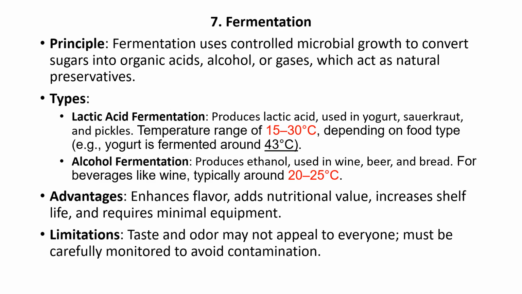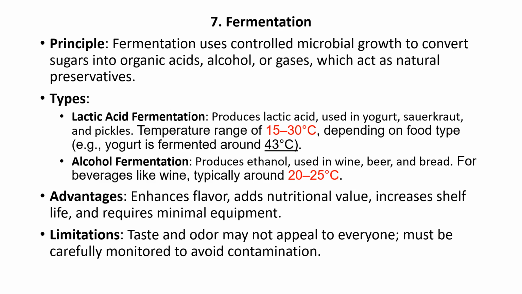Lactic acid fermentation produces lactic acid, used in yogurt, sauerkraut, pickles, etc. And the temperature range used here is 15 to 30 degrees Celsius, depending on food type. Like in the case of yogurt, it's fermented at 43 degrees Celsius.